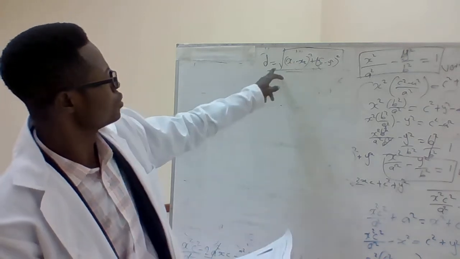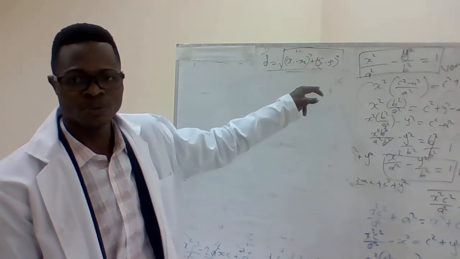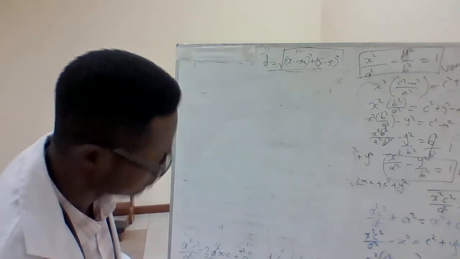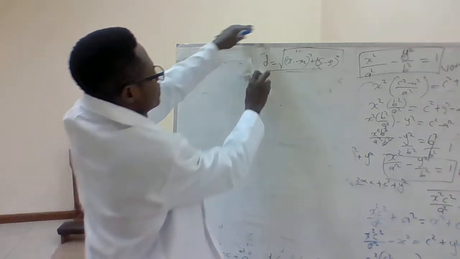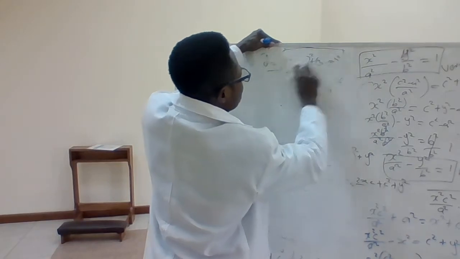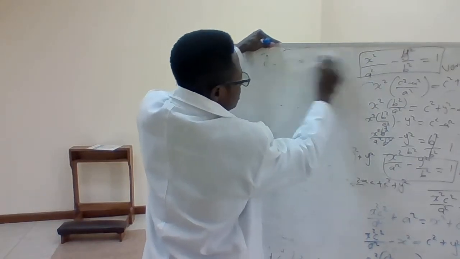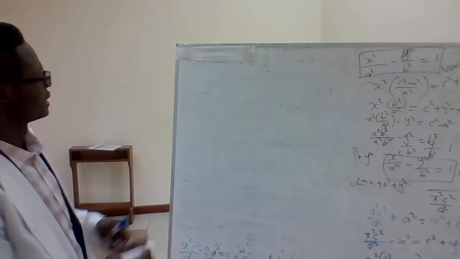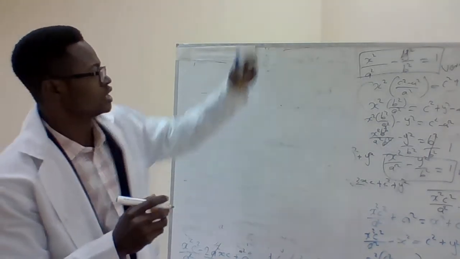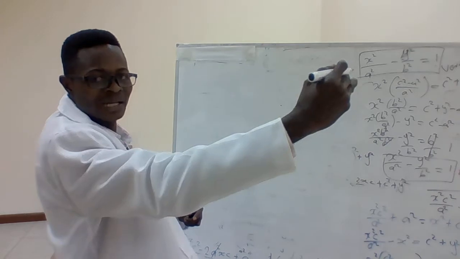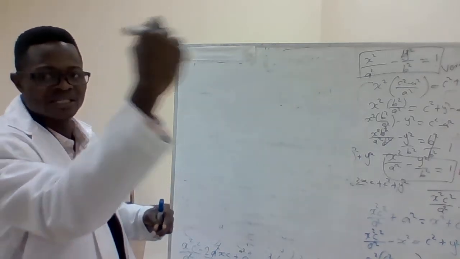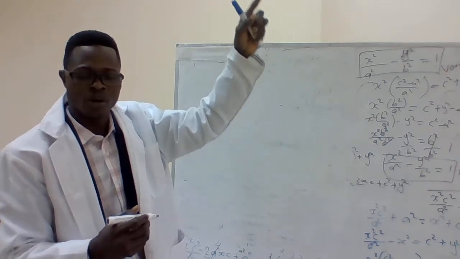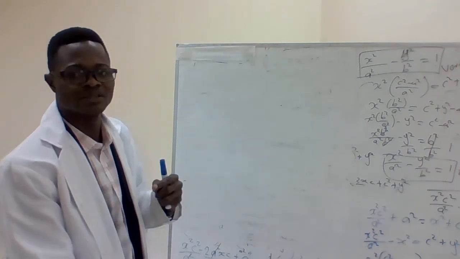So we are going to be using the distance formula to derive the equation of a hyperbola. Okay, so now we know that we are having two distances from the x-axis, negative x-axis, to the positive x-axis, and also y, positive y-axis to the negative y-axis.